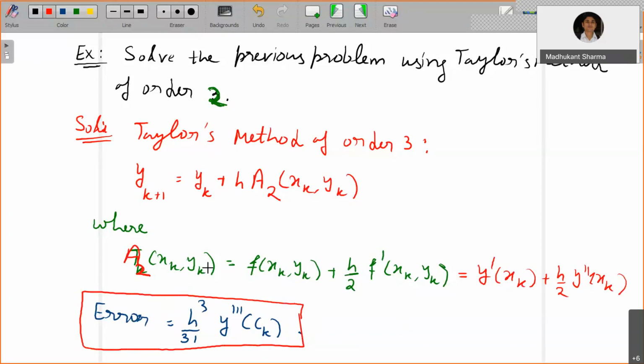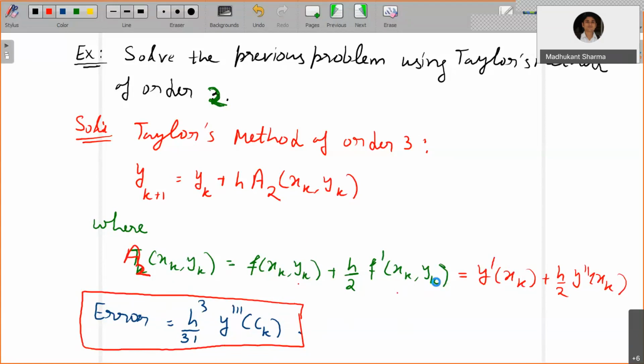To replace these terms, the replacement of this one is straightforward, because it comes from the problem itself. But for the replacement of this term, you need to differentiate and then replace at the point xk comma yk. So this is what is happening.